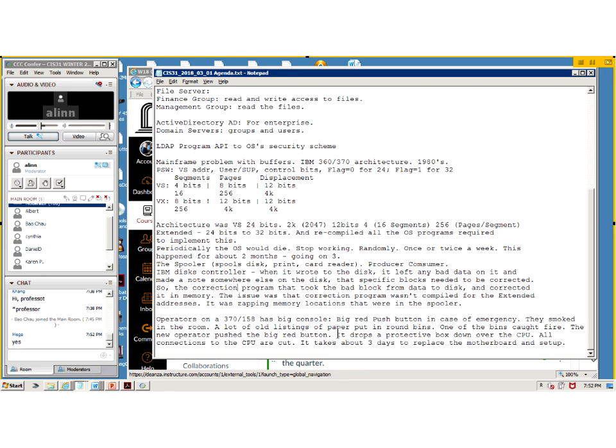What it does is drop a protective box down over the CPU, because that's the most valuable part of the computing. And when it drops this box, as IBM designed it, all the connections to the CPU are cut, because it's dropping right on the address lines on the processor board. Well, it takes about 3 days to replace the motherboard and set it up again. So you shouldn't press that button unless it's a real, serious emergency.